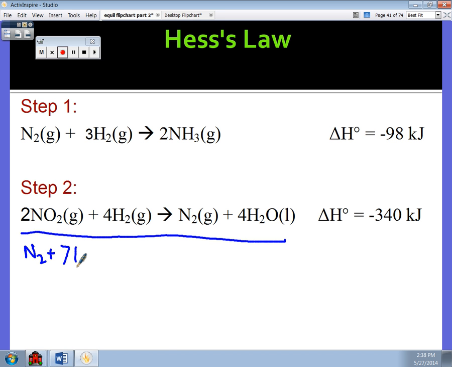We have 7 hydrogens. And we have 2 NO2s. On the right side, we have 2 ammonias, 1 nitrogen, and 4 waters.